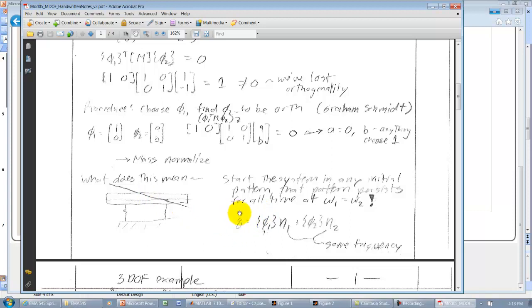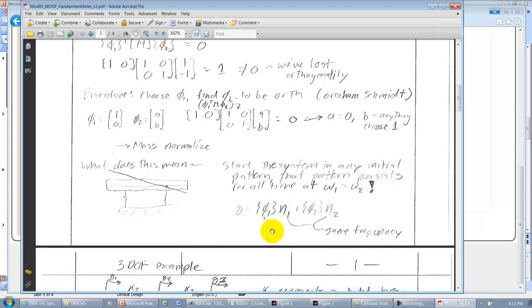That happens because the displacement as a function of time is the first mode shape times its modal amplitude plus the second mode shape times its modal amplitude. So if we choose phi 1 such that it captures the initial condition, then this part ends up being 0, and we'll see the system oscillate only in one of its modes.